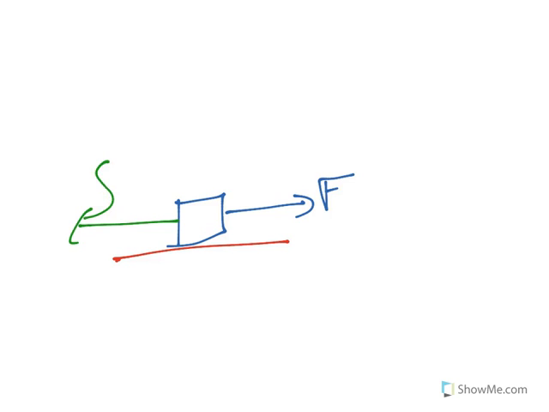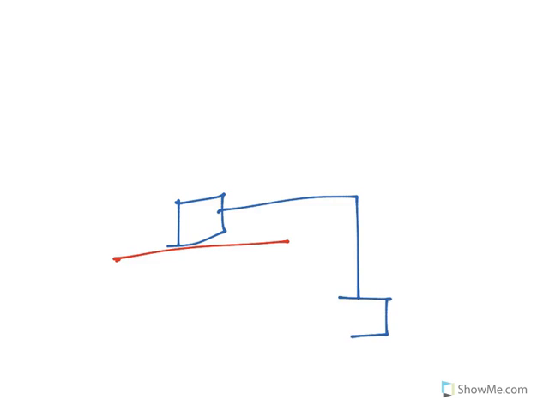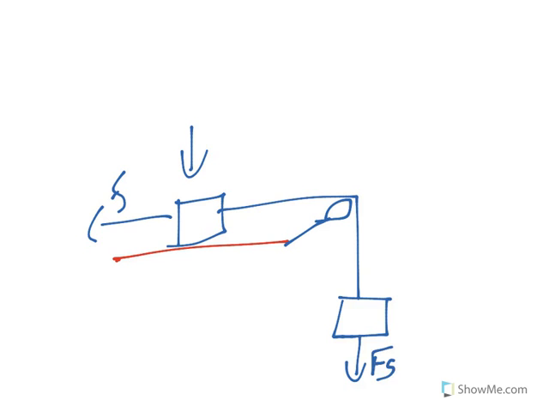In the same vein as this, there is a very, very common problem where you have two blocks suspended with a pulley system somewhere that you set in motion, and there is a friction force being applied to this block and the force of gravity being applied to this block. Let's give these things some masses. If you don't have the mass and you just can't work it out without the masses, just plug in 3 kilograms and 3 kilograms.